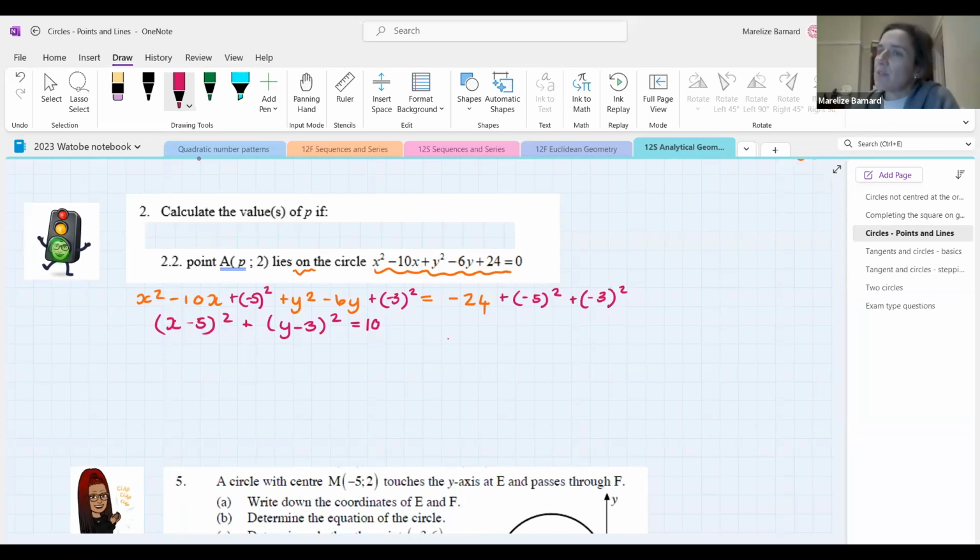So we can just substitute the P into the equation of the circle. So we have P minus 5 squared, plus 2 minus 3 squared.